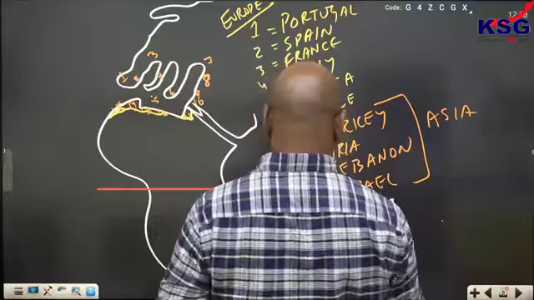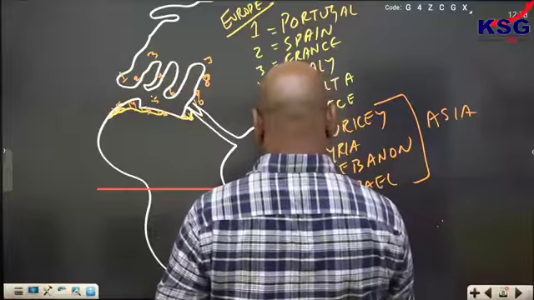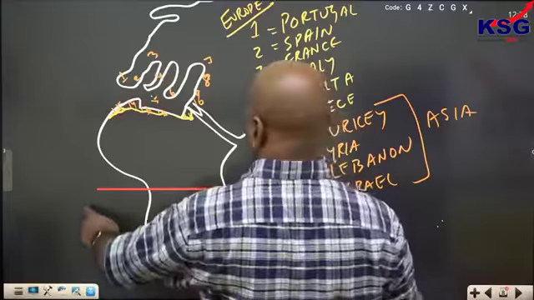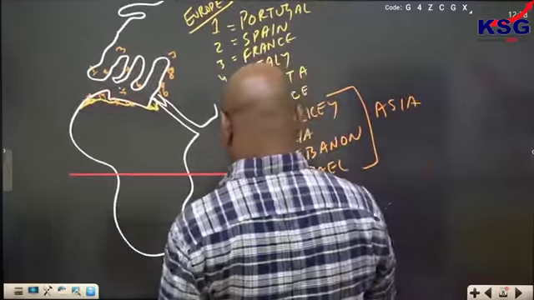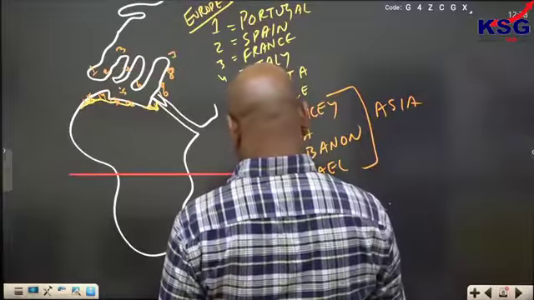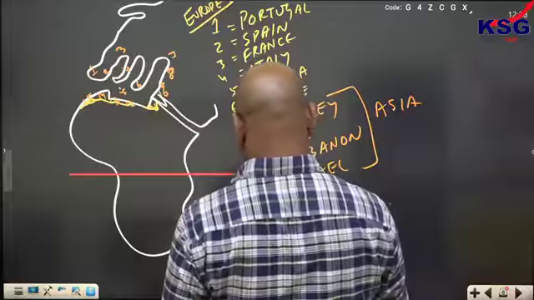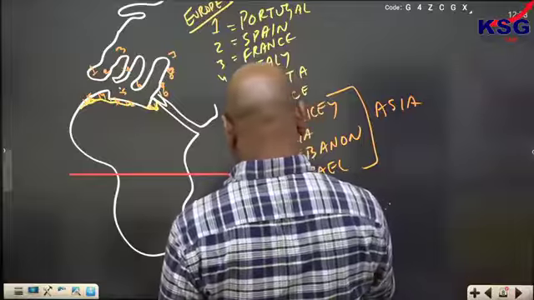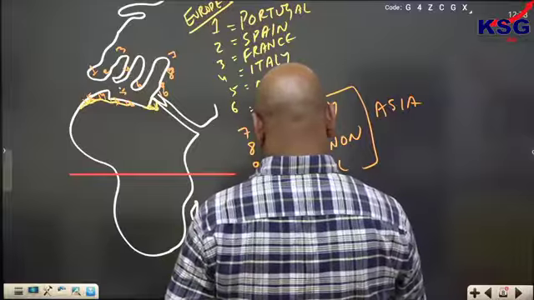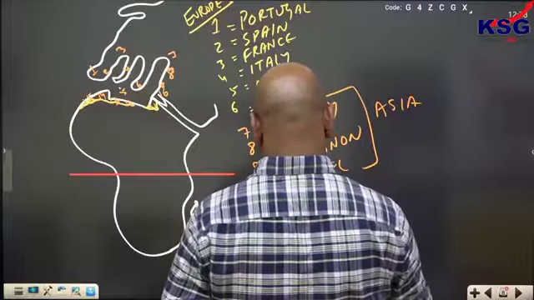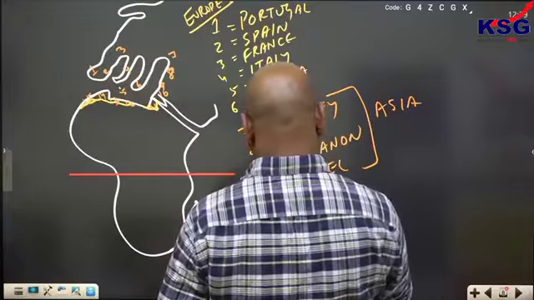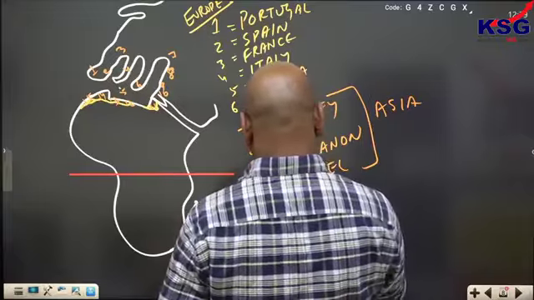The African countries here include 11, 12, 13, 14, 15: Malta, Morocco, Algeria, Tunisia, Libya, Egypt.